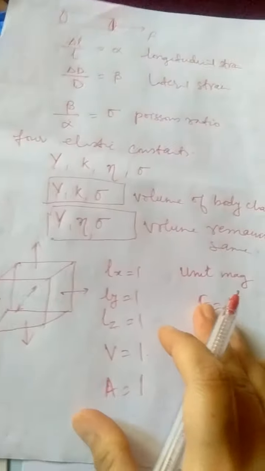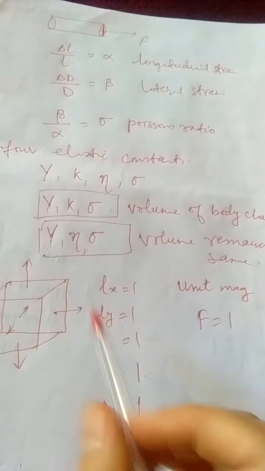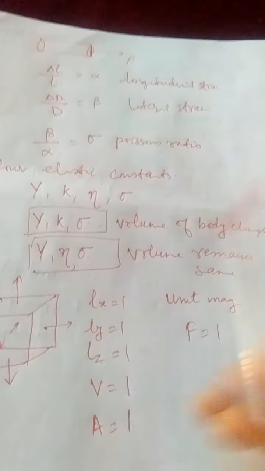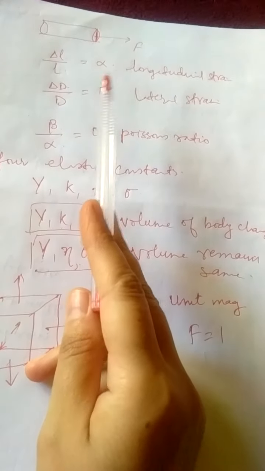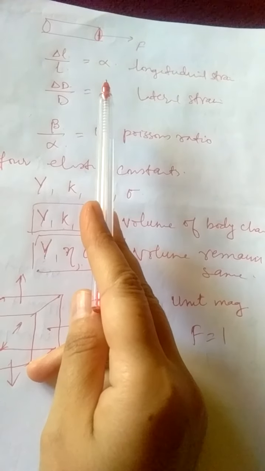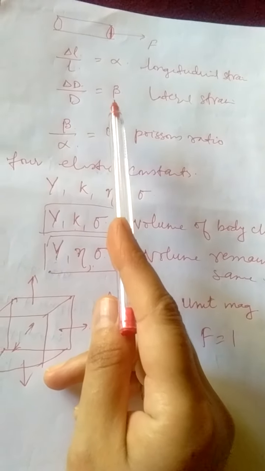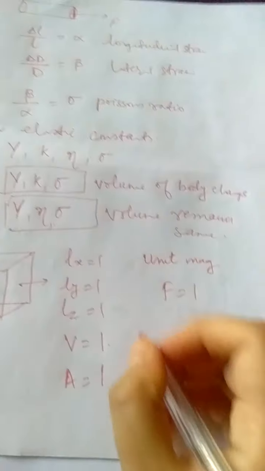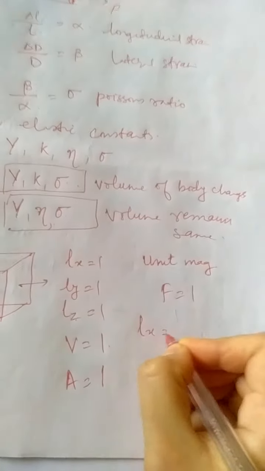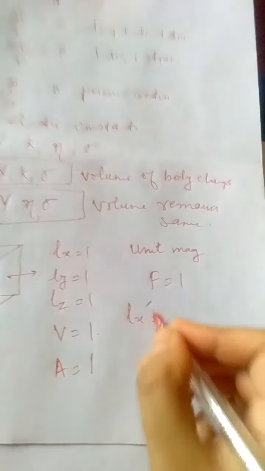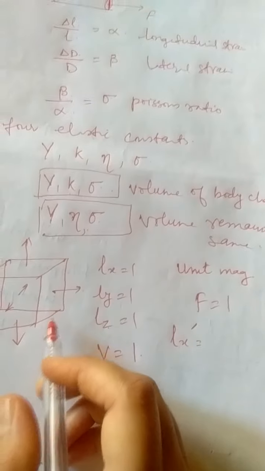Now, you remember that whenever the lengths are stretched, the change in length is expressed in terms of alpha, right? And the change in length perpendicular to the direction of force is expressed in terms of beta. So Lx dash is the new length once the force of unit magnitude has been applied.